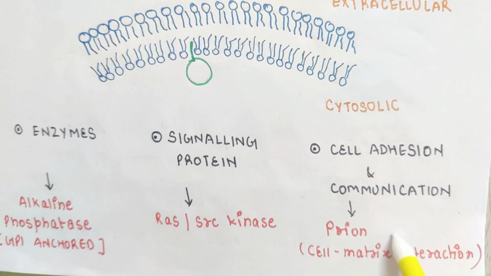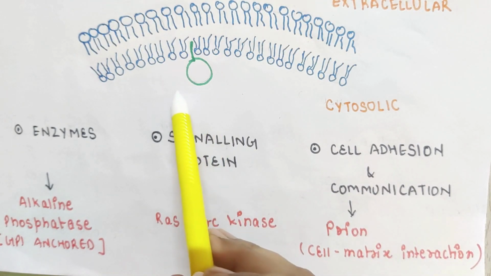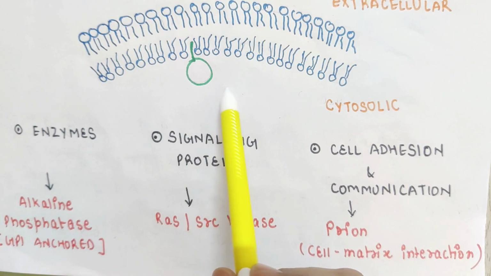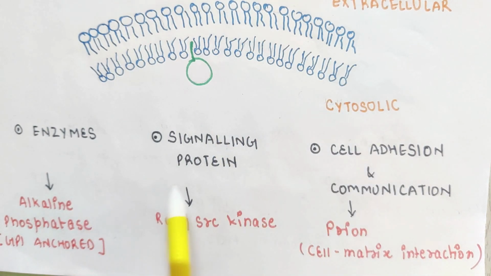In that way, these proteins stabilize cell matrix interactions and influence neuron adhesion. Apart from this, lipid anchored proteins also serve as co-receptors. So this is all about the functions of these lipid anchored proteins.